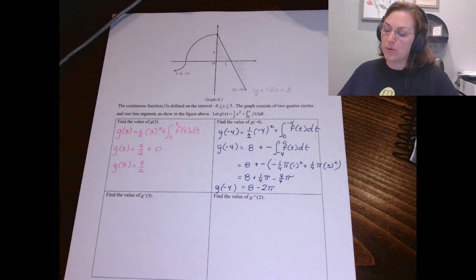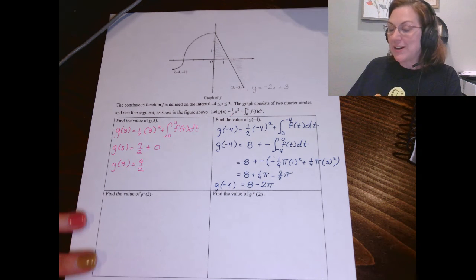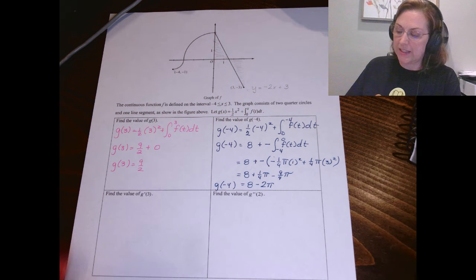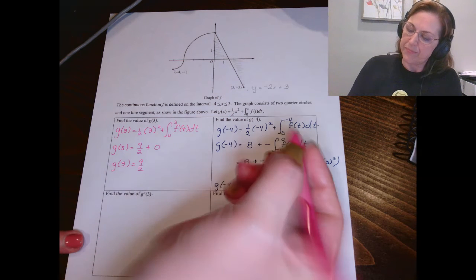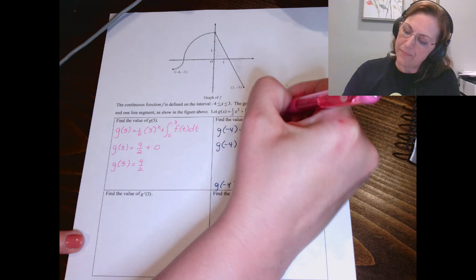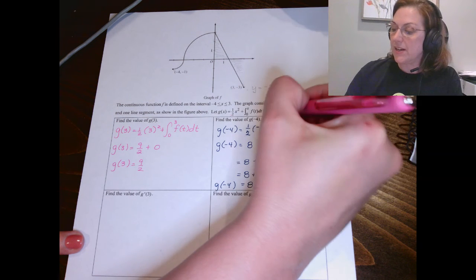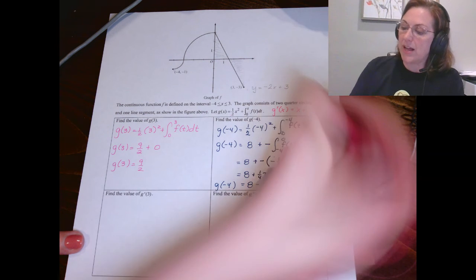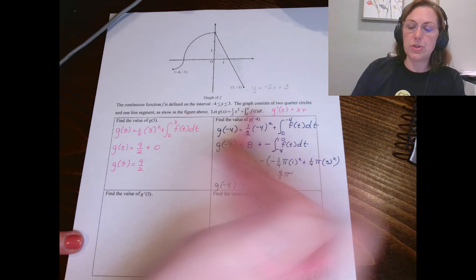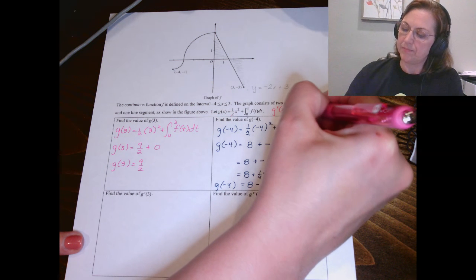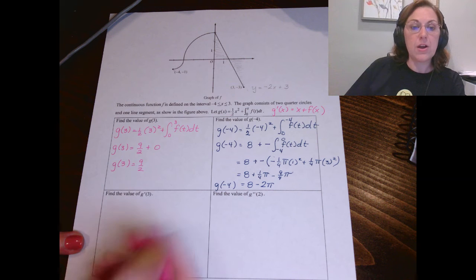All right, 2 more. Let's see. Now the next one, we're going to need g prime. So we take the derivative of g. So g prime, take the derivative like normal of this 1/2 x squared. That gives you x plus, now do your substitution, f of x. Now you can plug in 3.